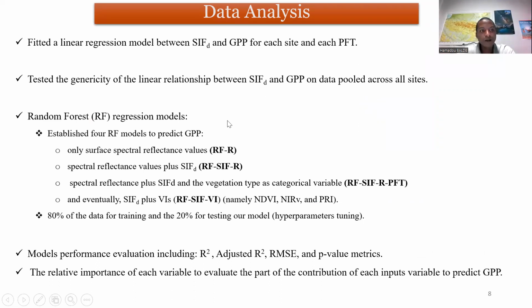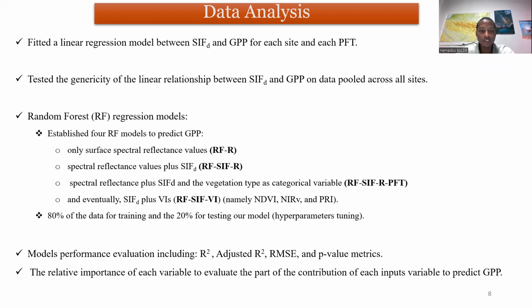So for the modeling part, we established 4 random forest models to predict GPP based on combinations of the available variables. For example, in the first model, we are using surface spectral reflectance values, and in the second, we added Sun-Induced chlorophyll fluorescence to the surface spectral reflectance.